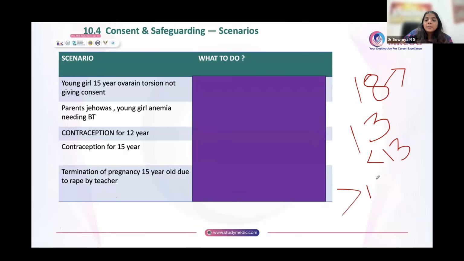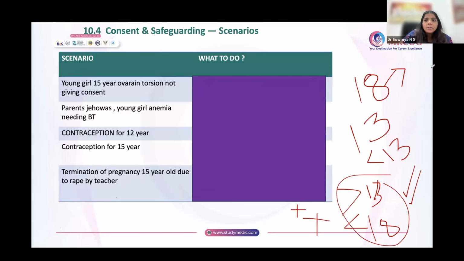After 13 and less than 18, they can accept any procedure in their best interest, but they cannot refuse any procedure in their best interest. They can accept, but they cannot refuse. At 18 and more, they can do whatever they want if they understand.